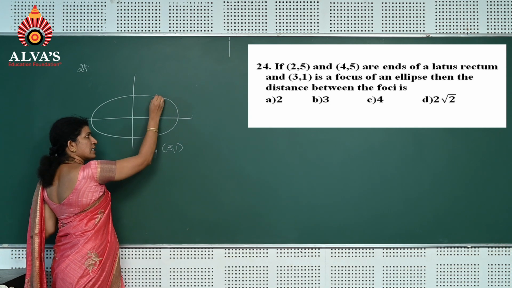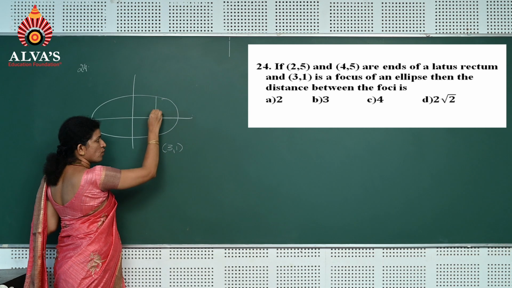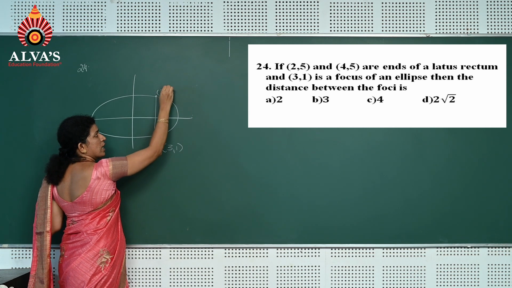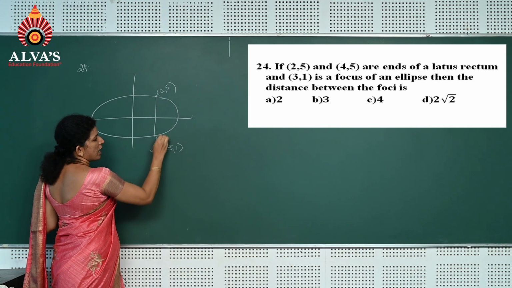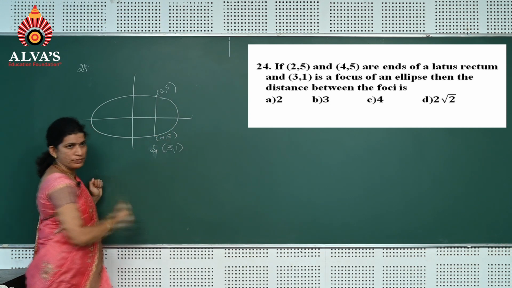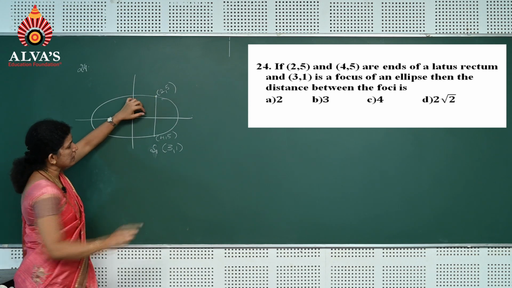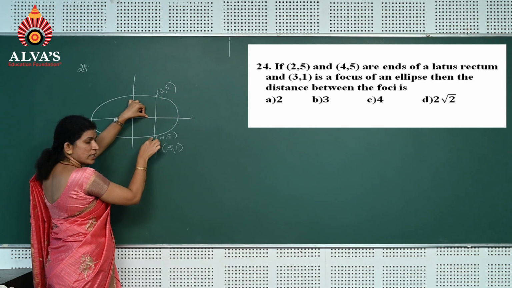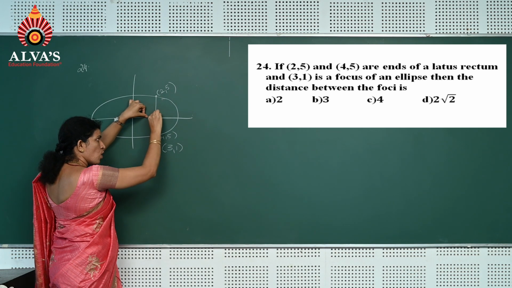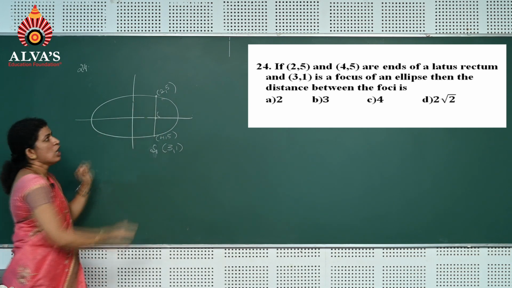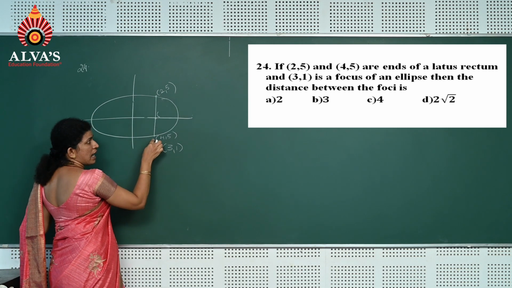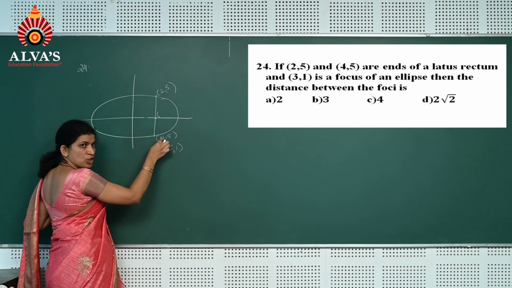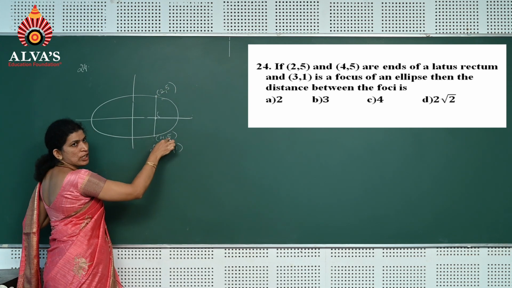We know the latus rectum always passes through the focus. The end points of the latus rectum are (2, 5) and (4, 5). Since the latus rectum passes through the focus, the midpoint of the latus rectum is nothing but the other focus of the ellipse. Midpoint is (x1 plus x2) by 2, (y1 plus y2) by 2.